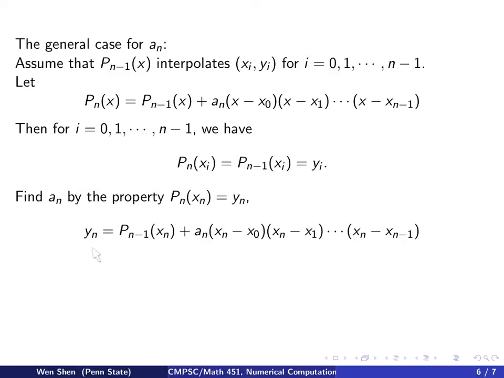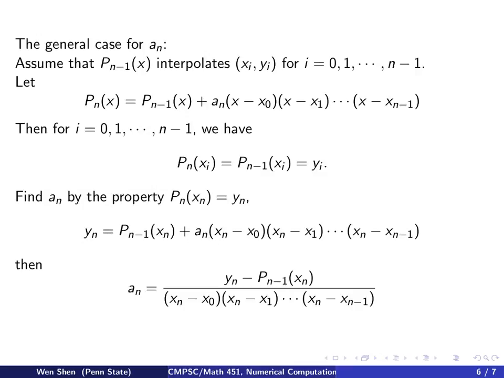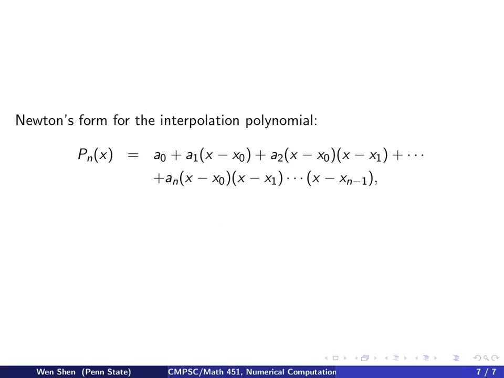And you see everything here is given except an, which is my unknown. I can solve for it. A simple manipulation would give me an of this form. It's just Pn minus 1 moved to the other side, so I get y minus that, and this product goes to the denominator when I move it to the other side of the equation. So that is an.